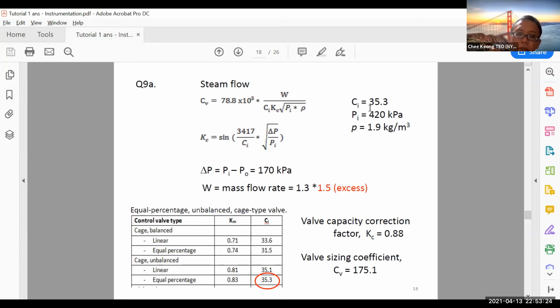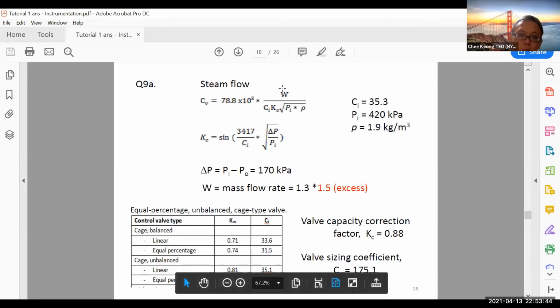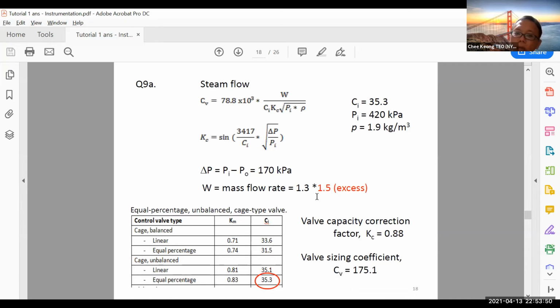Now, of course, after you find your CI, you have to plug in the PI and P output. Pressure input and output are given, so your delta P you will know. So you plug in your delta P as well. PI is here and CI is there. So with all these, you plug in to solve for KC. And with KC and CI, then of course the mass. For the mass, you have to have extra allowance.